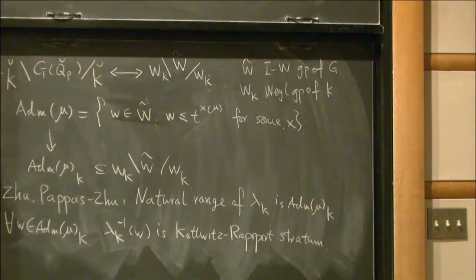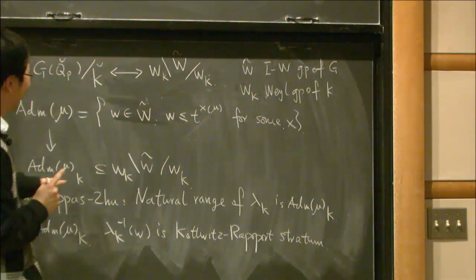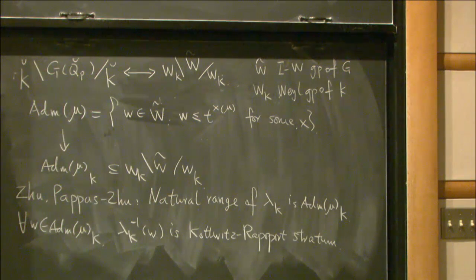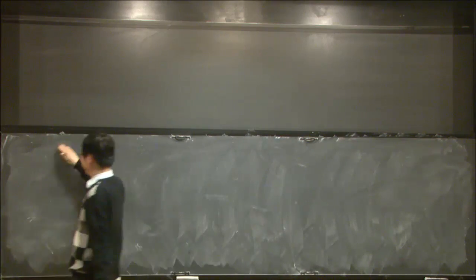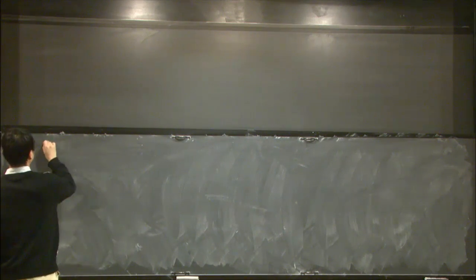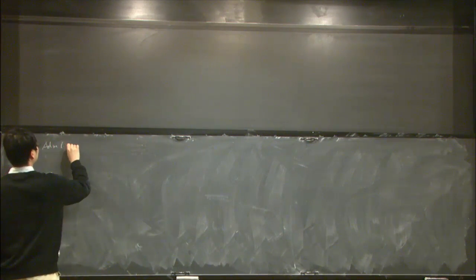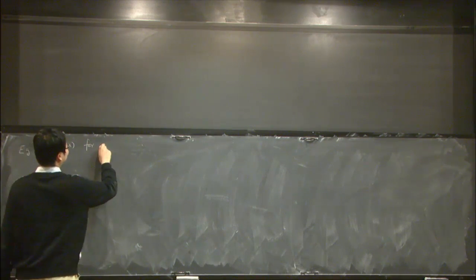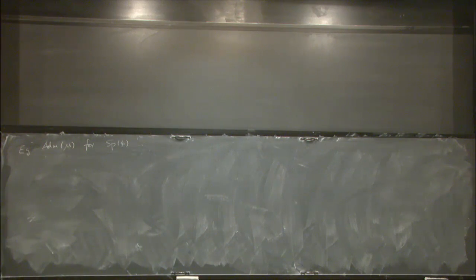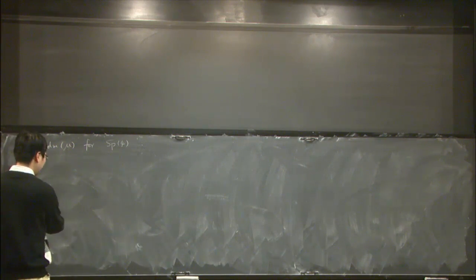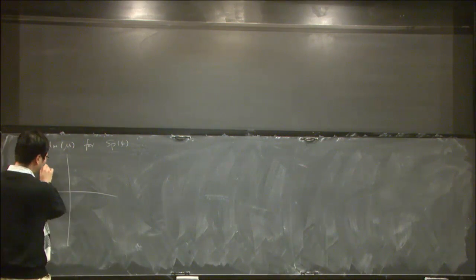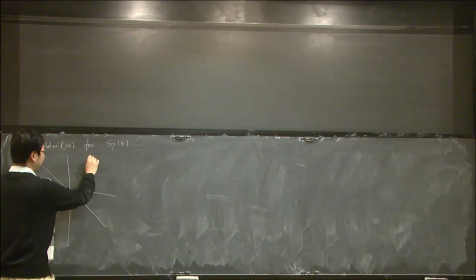But let me try to draw a picture of this admissible set, if I still remember. An example: the admissible set of mu for Sp4, in the Siegel case. So we first think about the affine Weyl group using these alcoves.